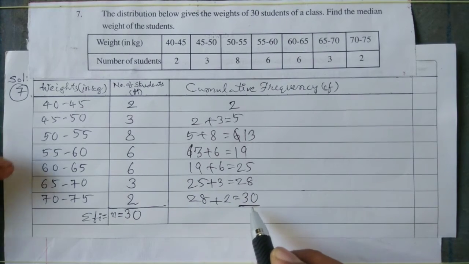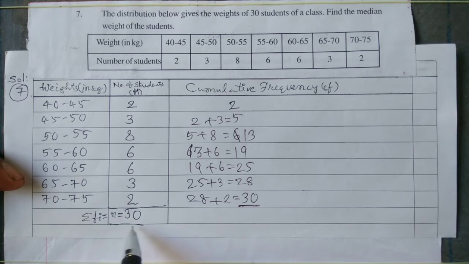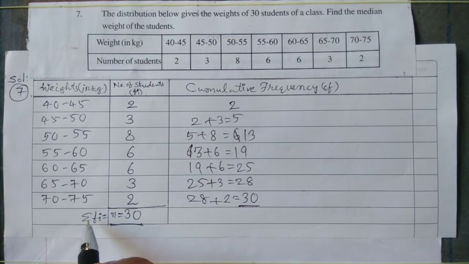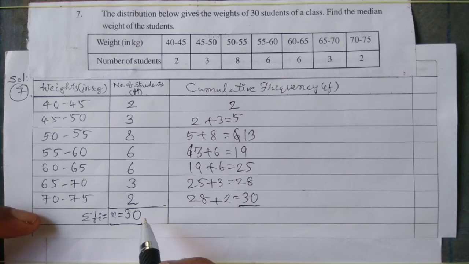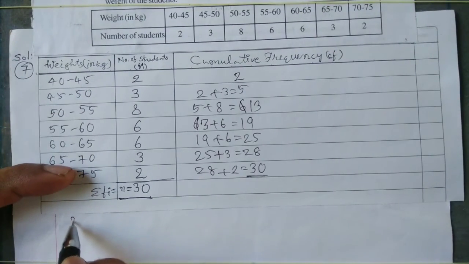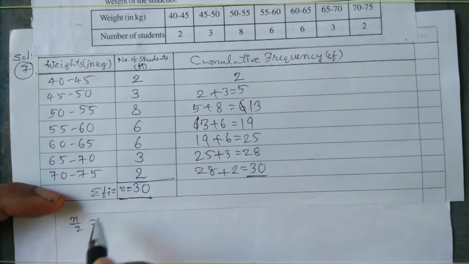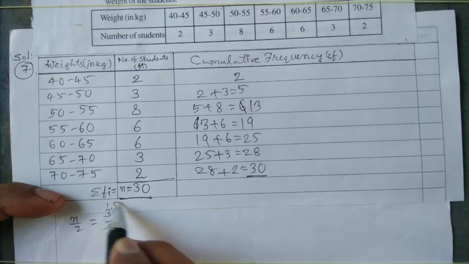So here we got 30, the total number of frequencies, sigma fi equals n equals 30. Basing on this, we can find n by 2: 30 by 2 is 15.